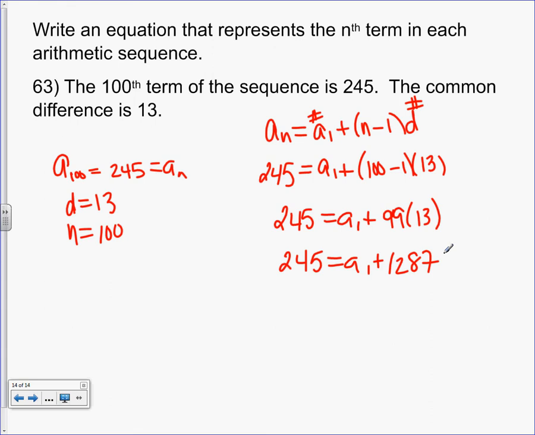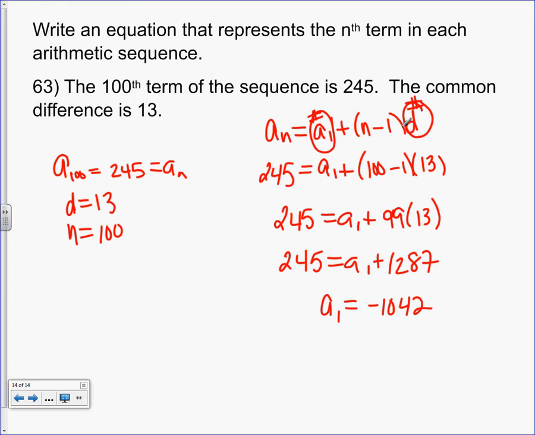So what's 245 minus 1287? Yeah, negative 1042. That's a1. Is that what they wanted? Are we done? We're not done, right? So we have to go back up here and replace this with a number and replace this with a number.